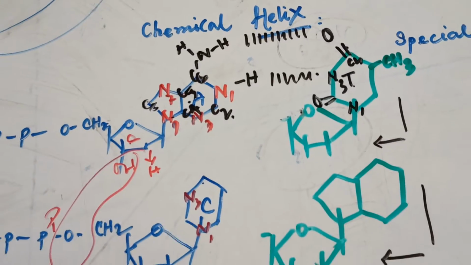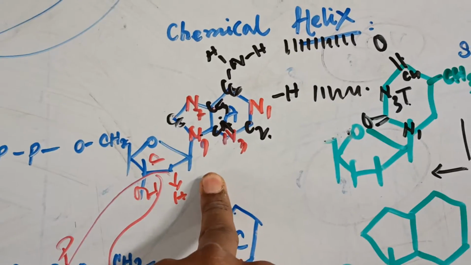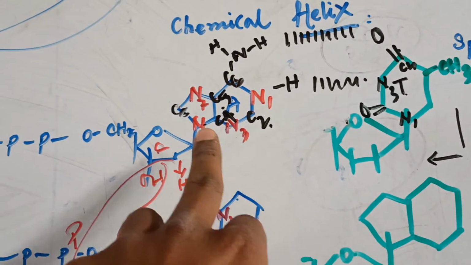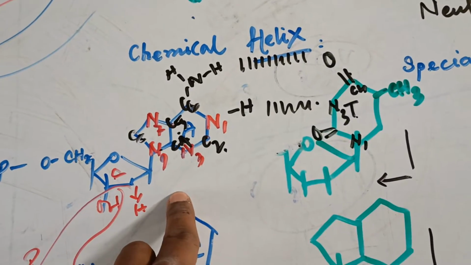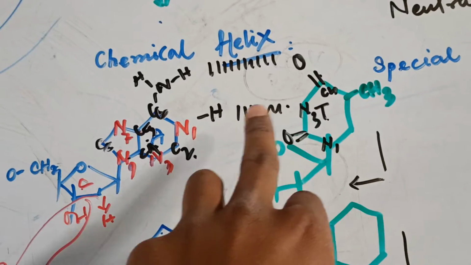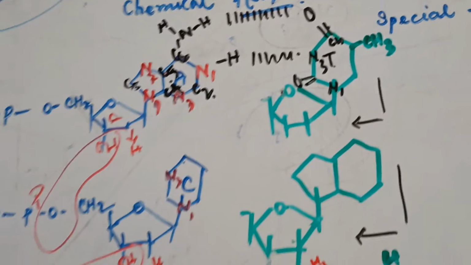So here I have also shown very clearly that carbon and its alternating nitrogen have a role to form a hydrogen bond with thymine.